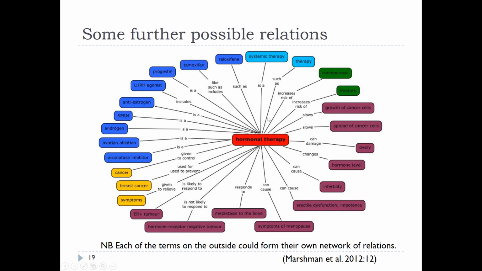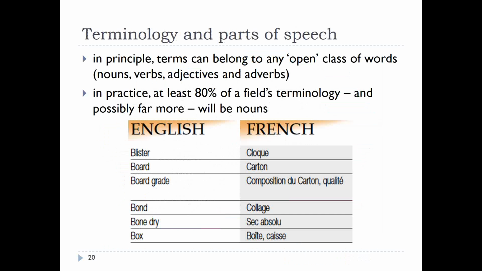And there's nothing particularly special or central about the term hormonal therapy here. It just happens to be the subject of this particular diagram, and it would indeed be possible to create similar diagrams for any of the other terms on the edge. Okay, now in English, and indeed in probably every other language, while you can sometimes have verbs or indeed adjectives and adverbs which would count as terms, almost all the terminological vocabulary in a particular specialist area tends to be made up of nouns.